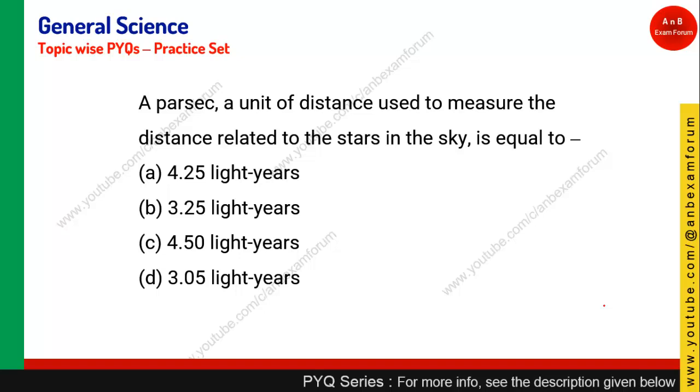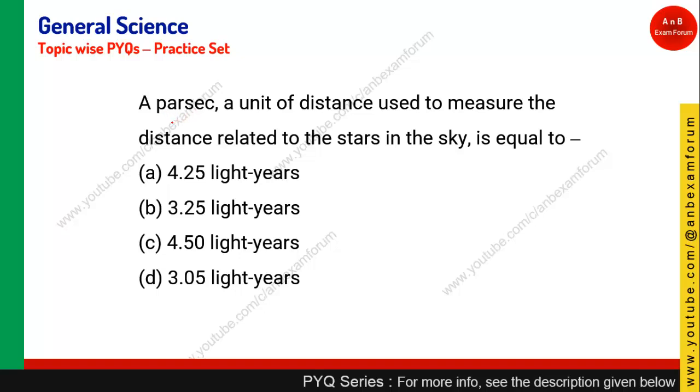For example, if you want to know the distance to a star in the sky, kilometer will not be sufficient, because it will be in power of 15, 16. So normally other units are used, for example, parsec, light year, astronomical unit. But in this question he is asking about the relationship between parsec and light year.